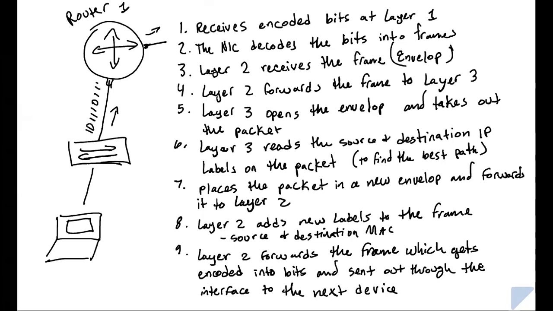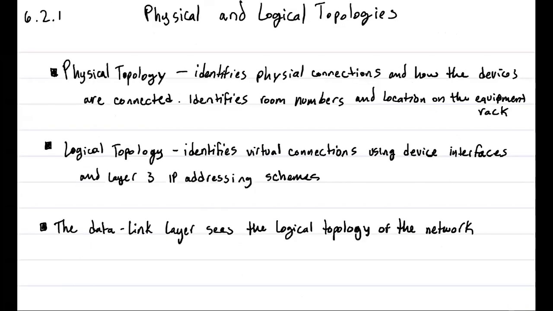Layer 2 adds the new labels to the frame with the new source and destination MAC addresses. Layer 2 then forwards the frame, which gets encoded into bits and sent out through the interface to the next device.